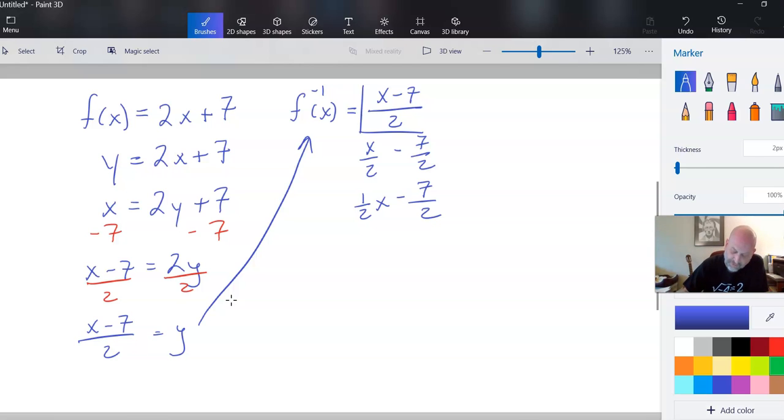All of these are just different ways that you could write it. Later on in math, it's quite common to have to find the inverse function and then massage it and rework it so it's in a form where you can deal with it a little bit easier for whatever your purposes are. But for right now, we're just trying to find it. So this is actually a perfectly sufficient answer. There's nothing wrong with that.